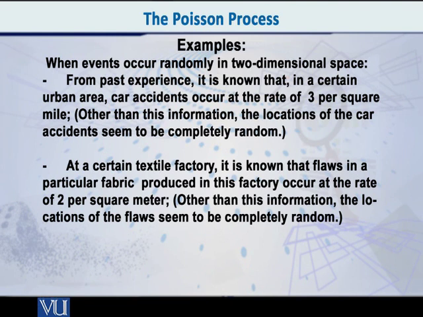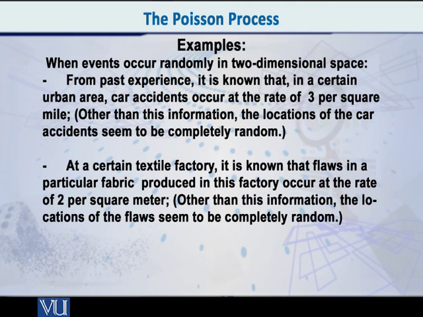But this time it's not over time but over space. Again, although we have this number, on the average per square mile we are having 3 accidents, we do not have any idea regarding the locations, that the next 3 that will occur, at exactly which locations in that square mile are they going to occur.